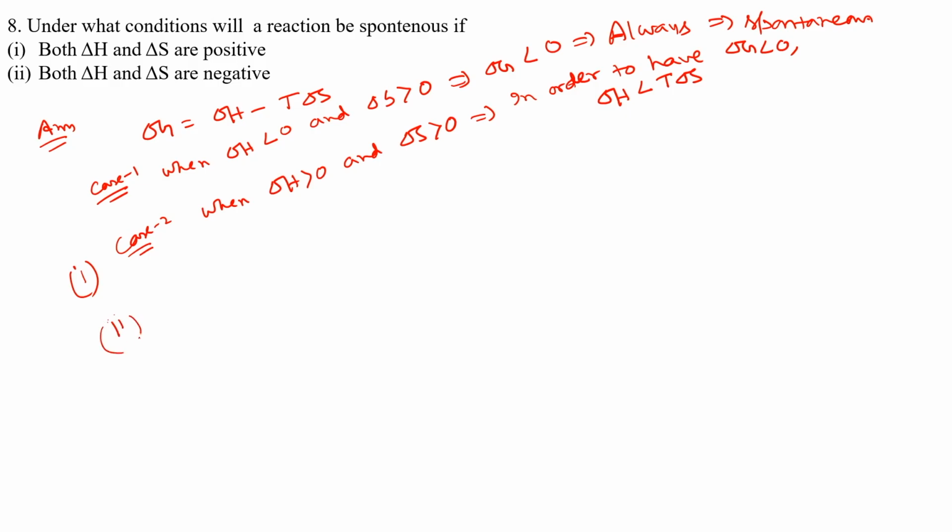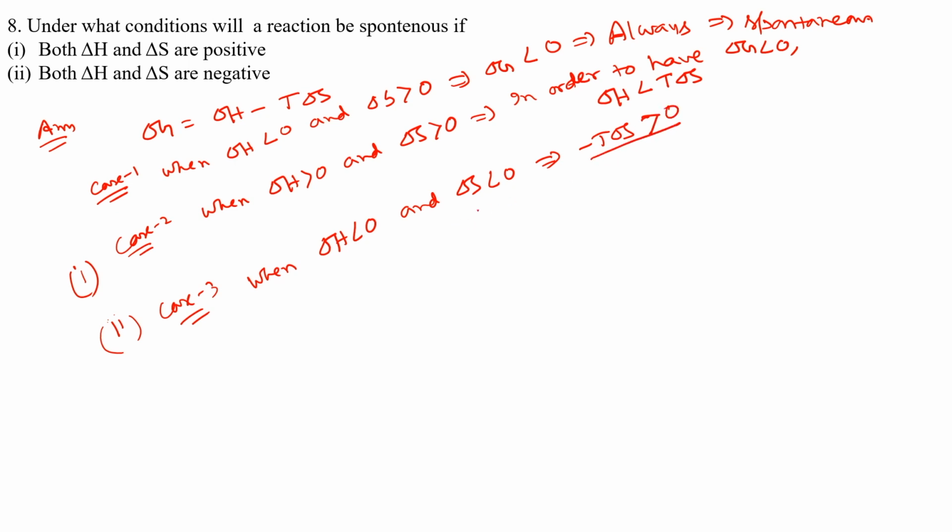Next is your case 3, when delta H is negative and delta S is also negative, right. So, delta S is negative means minus T delta S is positive, right.